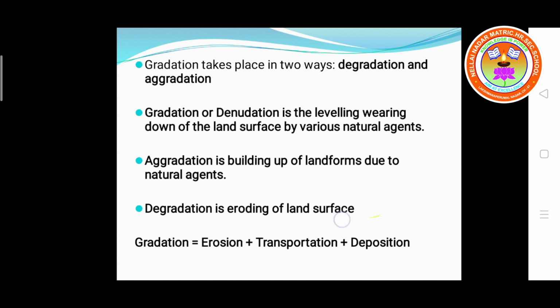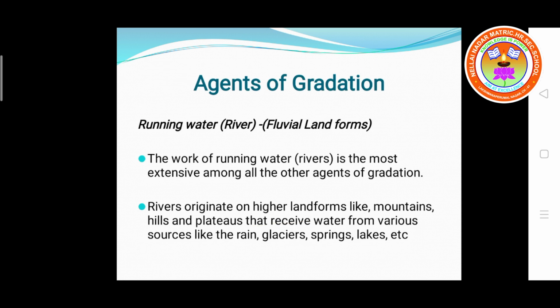Have a look. Agents of gradation. How does this gradation happen? With the help of running water. The work of running water is the most extensive among all the other agents of gradation. Compared to other natural agents, running water plays an important role in gradation.